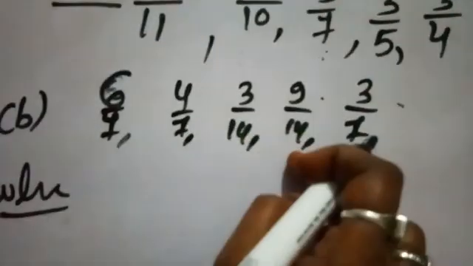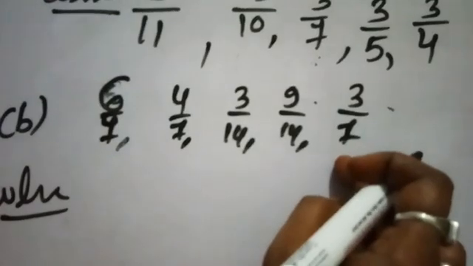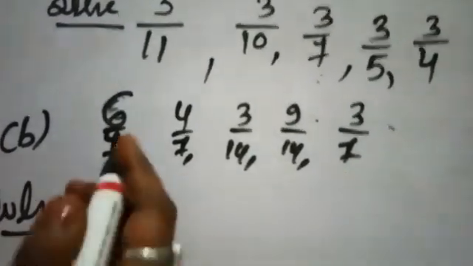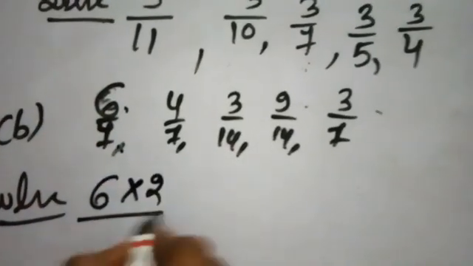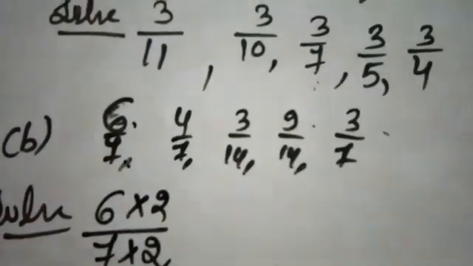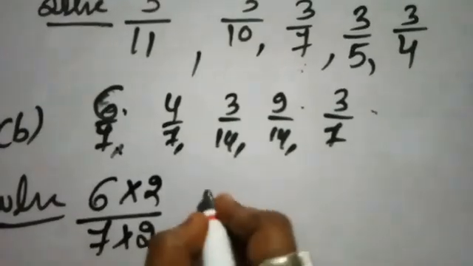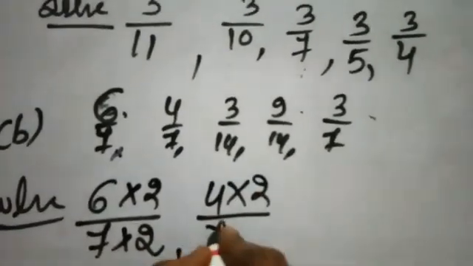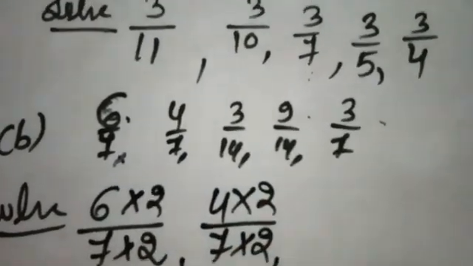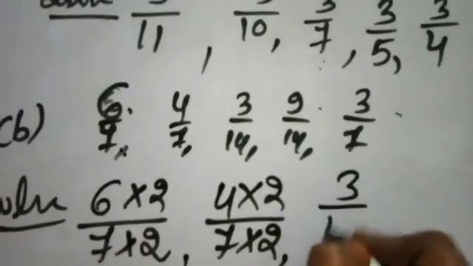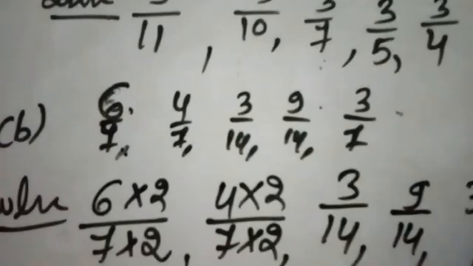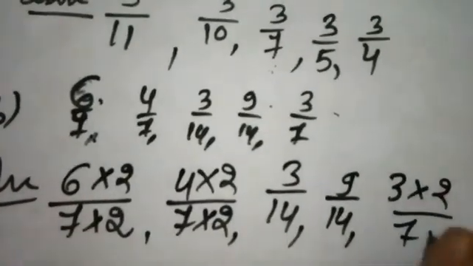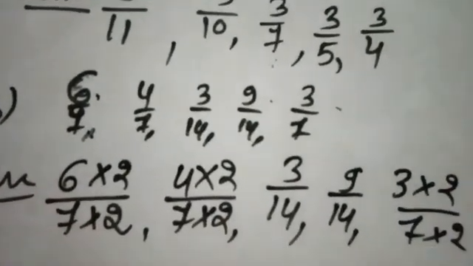It means it is easy to convert the denominators to the same number. So what do we do? Equivalent fraction of these numbers: 6 multiplied by 2 and 7 multiplied by 2. Second one, 4 multiplied by 2, then 7 multiplied by 2. It is already given there, 14. Then 3 by 2s and 7 by 2s.